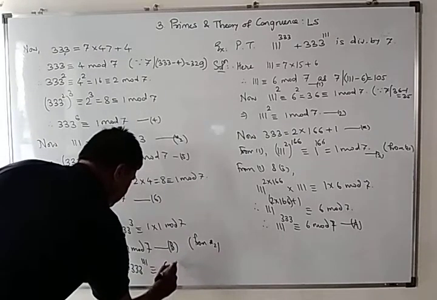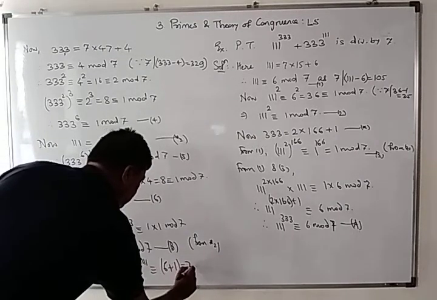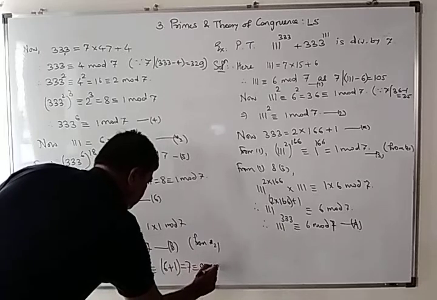111 raised to 333 plus 333 raised to 111 is congruent to 6 plus 1, which is equal to 7, which is congruent to 0 mod 7.